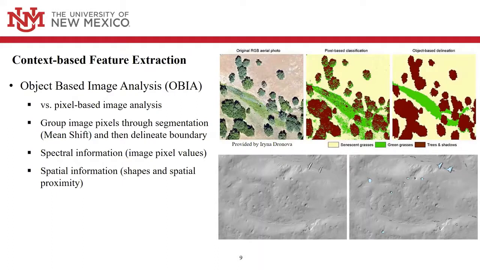So in order to do this, the first thing we want to use is called object-based image analysis. It's a little bit different from the pixel-based image analysis. As we all know, each image is composed of individual pixels.